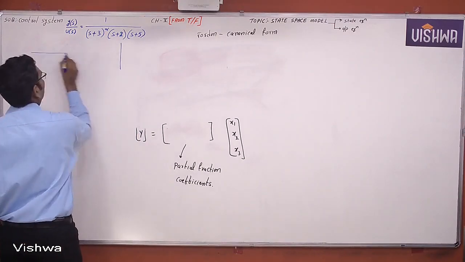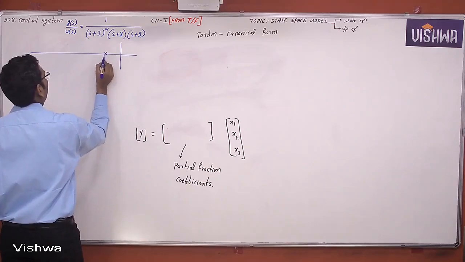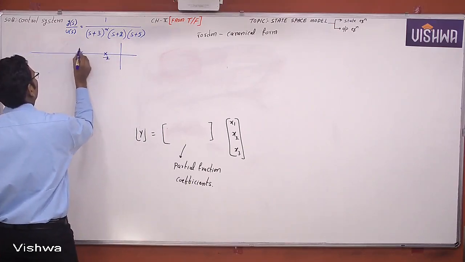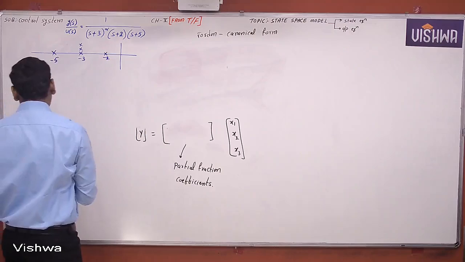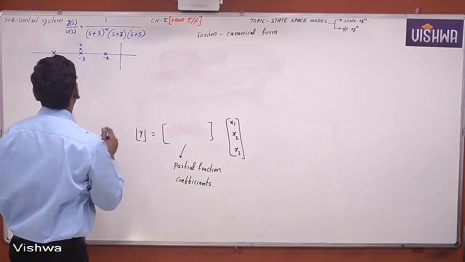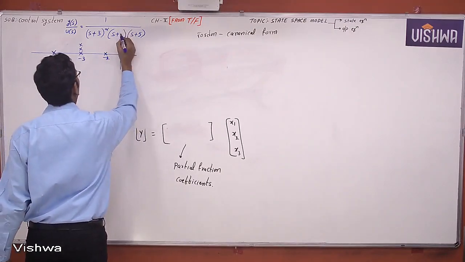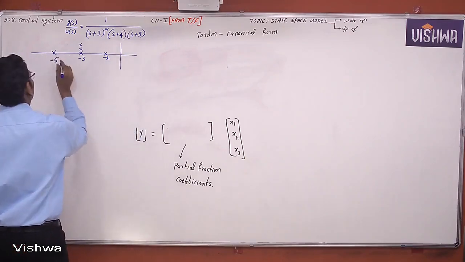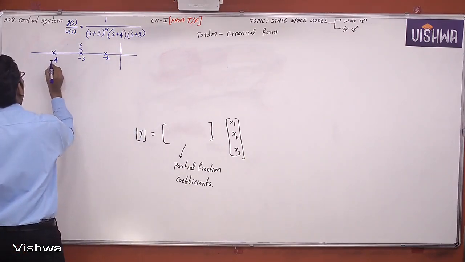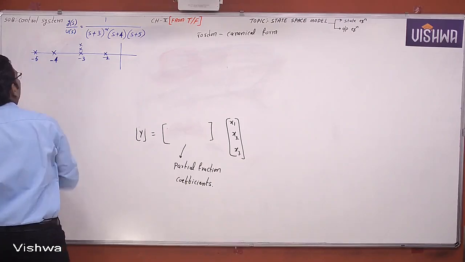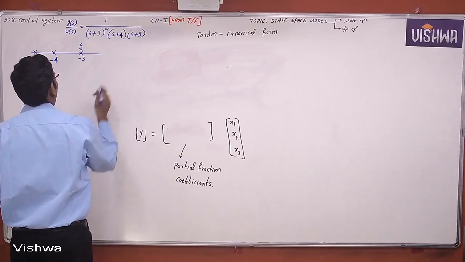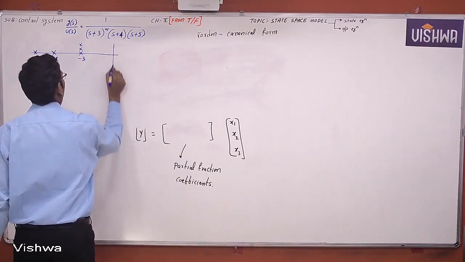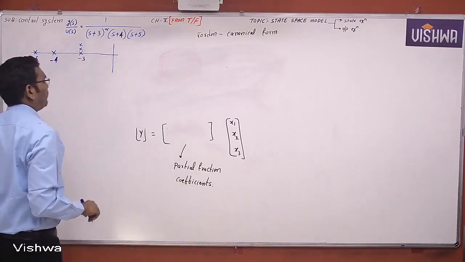Now one pole is at -2, and the poles at -3 are repeated.